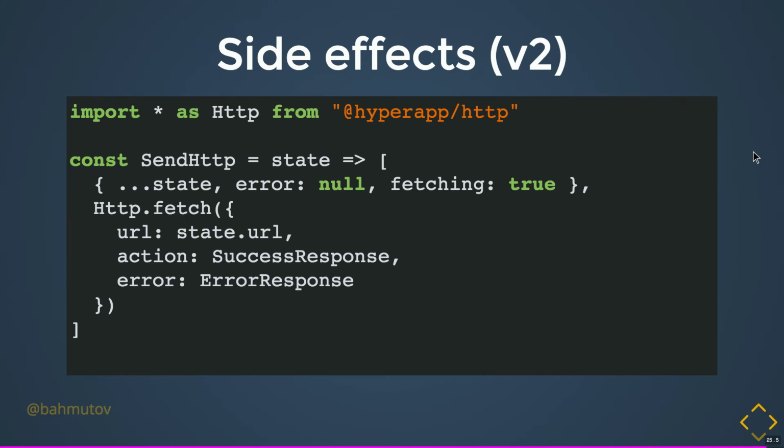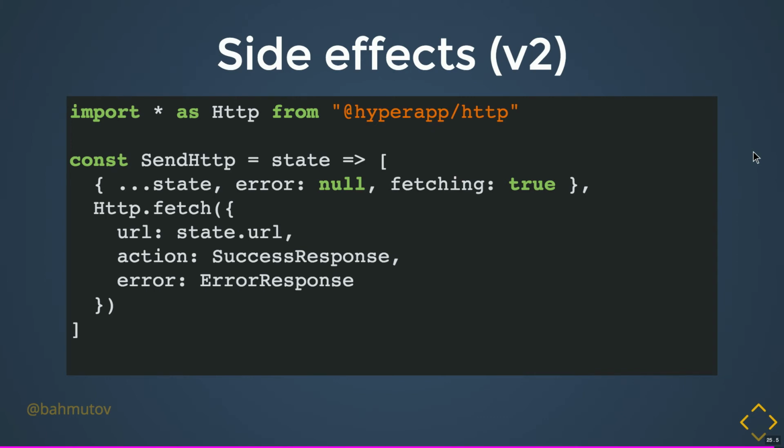So instead of you inside the action just returning a new state, what you have to do inside the action is return two things. So that's why it's an array. You see it returns an array. The first one is the new state, almost like before, right? So this first thing is like the state fetching true.